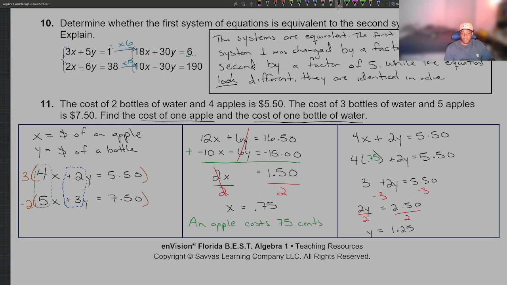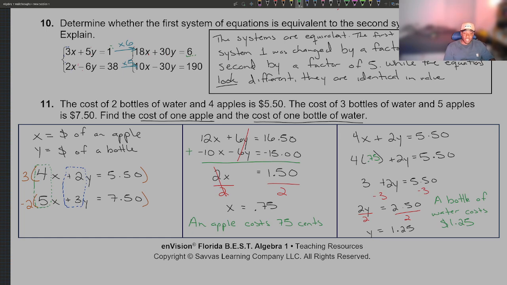And because of how we defined our variables, we know that y represented the cost of a bottle of water. So a bottle of water costs $1.25.